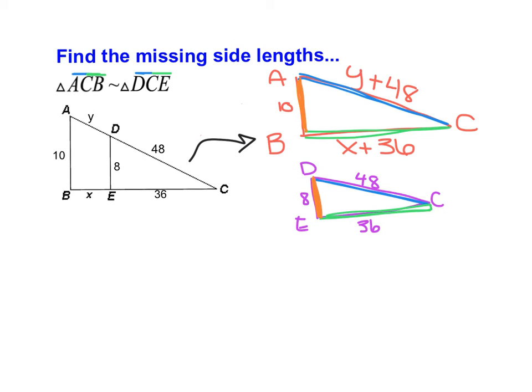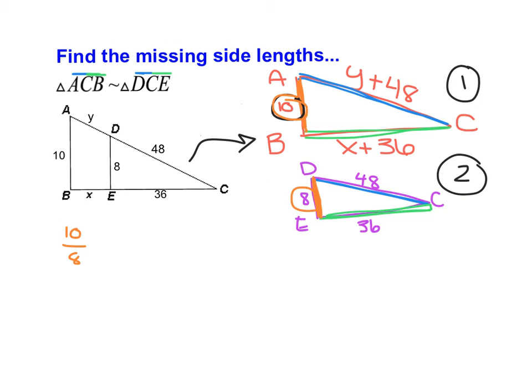So now that we have our corresponding side lengths identified, let's create all of our ratios. So I'm going to have triangle 1 is this top one, triangle 2 is this bottom one. I'm going to start with my orange sides here. Go back to my colors. So I have 10 over 8 as my first ratio.